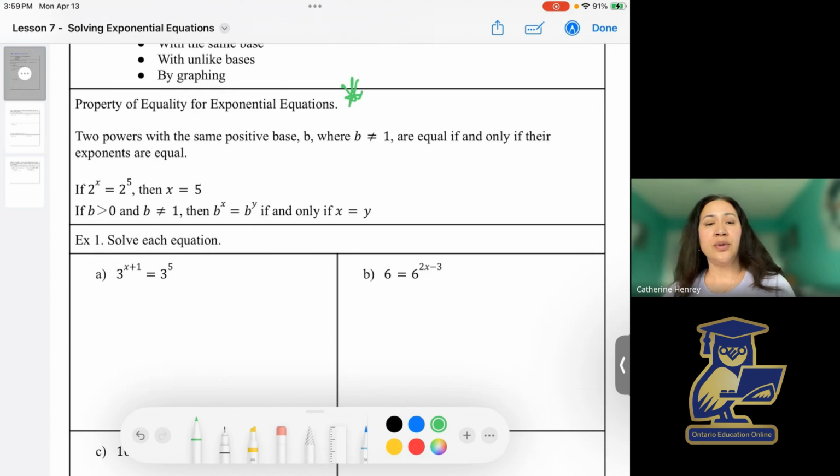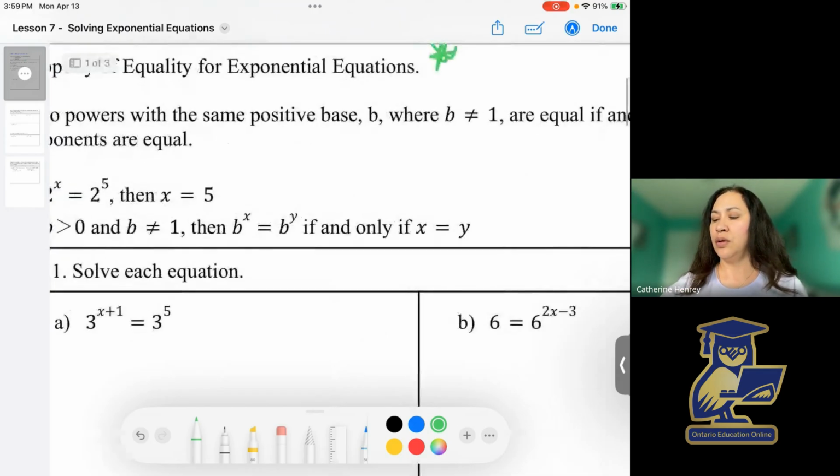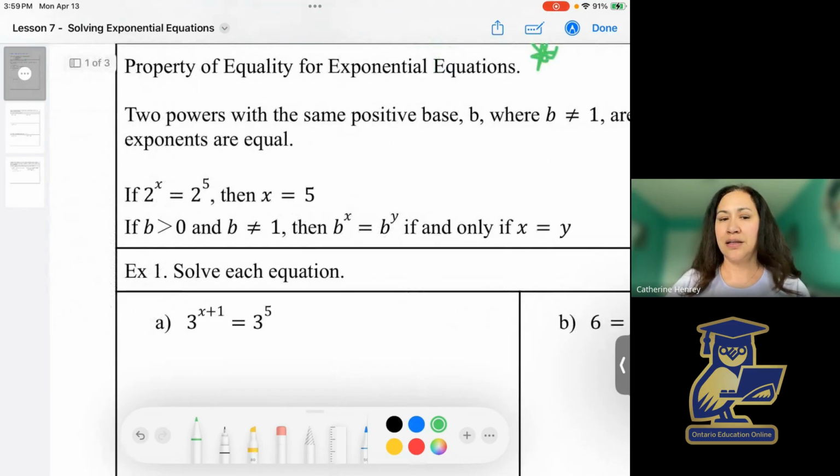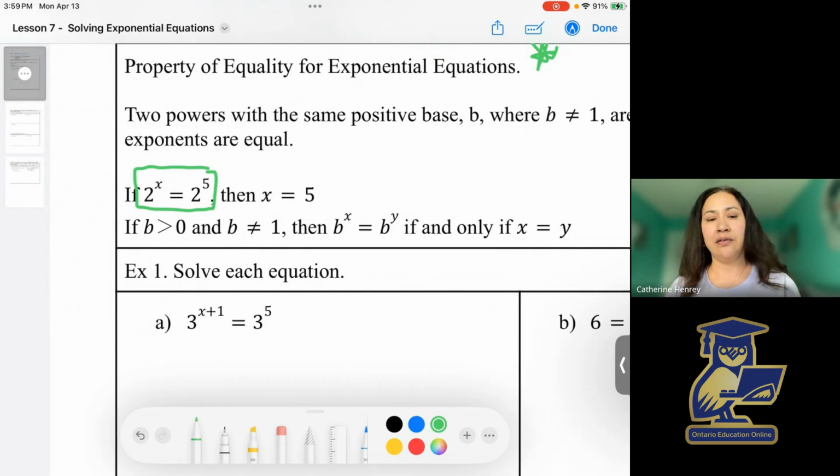Two powers with the same positive base, where the base does not equal 1, are equal if and only if their exponents are equal. So if I have 2 to the power of x equal to 2 to the power of 5, then because the bases are equal, this will only be true if x equals 5.